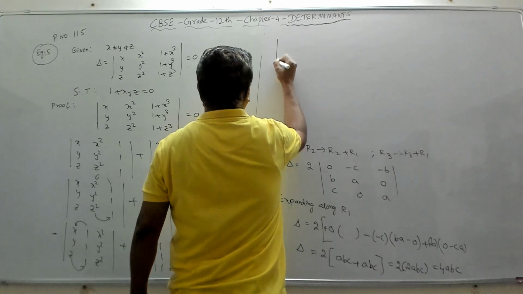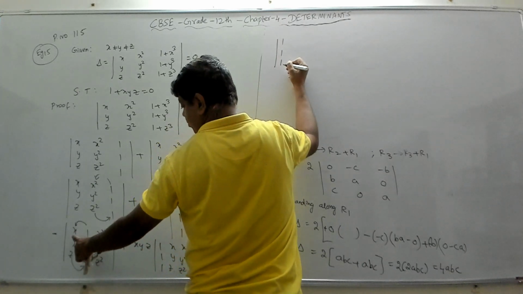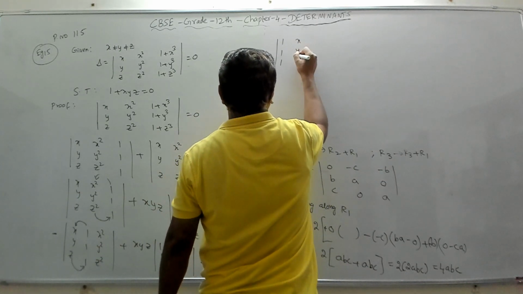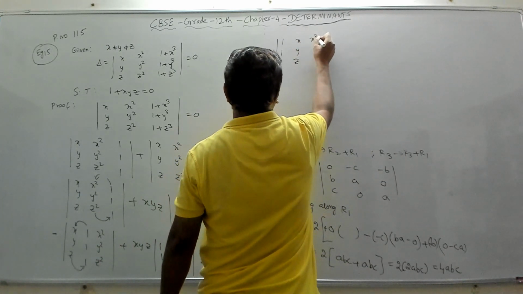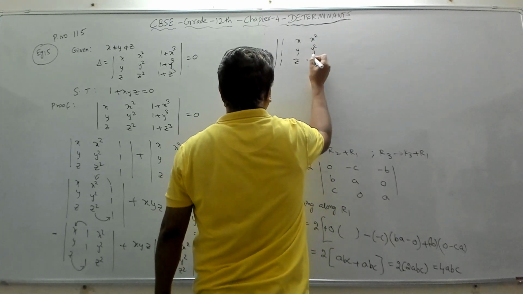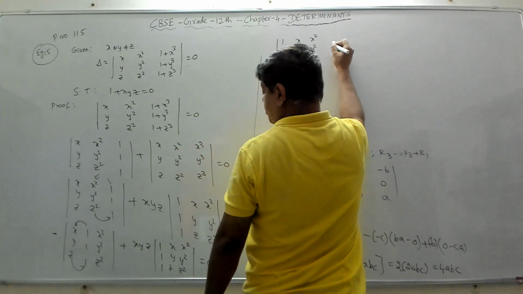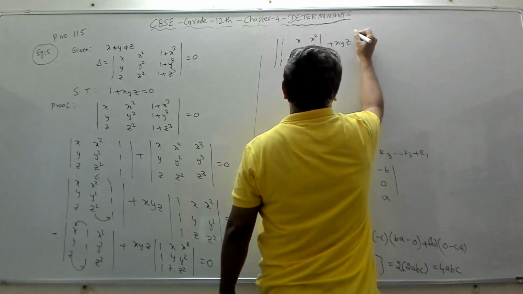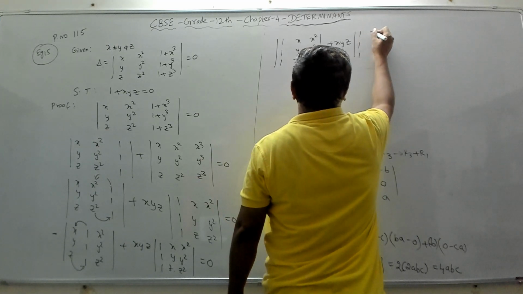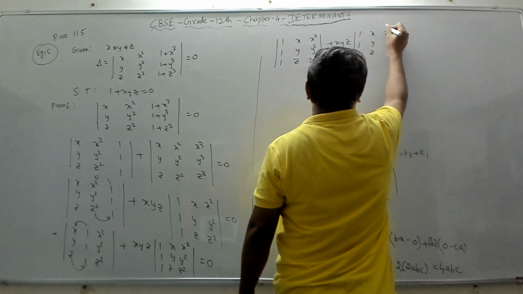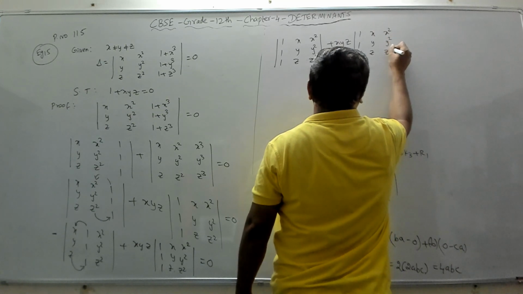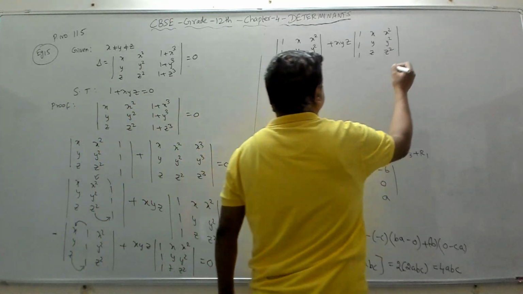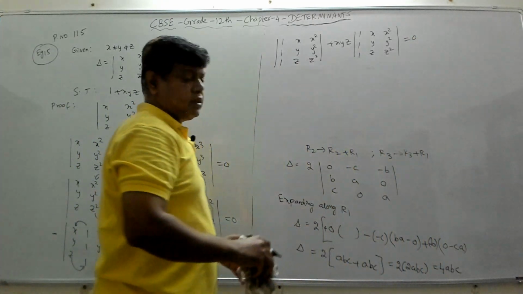So you will get 1, 1, 1, then the first column here will go to here, so you will get x, y, z, then the third is x square, y square, z square, plus x, y, z into 1, 1, 1, x, y, z, x square, y square, z square, equal to 0. Now what have we done by doing this?